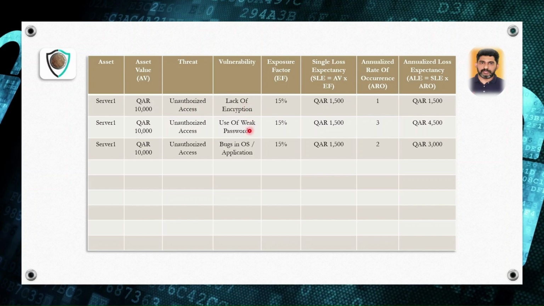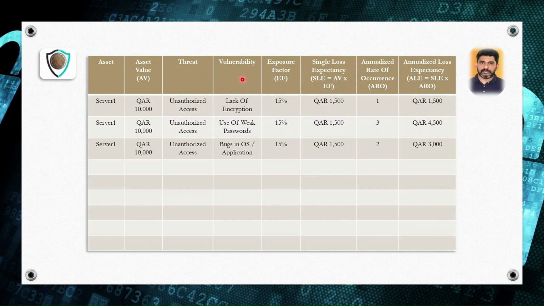One is lack of encryption, the other one is use of weak passwords, and the third one is bugs in operating system or application. Now I have identified the exposure factor. It is 15%. It means if the threat exploits the vulnerability, I will lose 15% of my asset value. So 15% of my asset value is 1,500 reals. So this is the single loss expectancy.